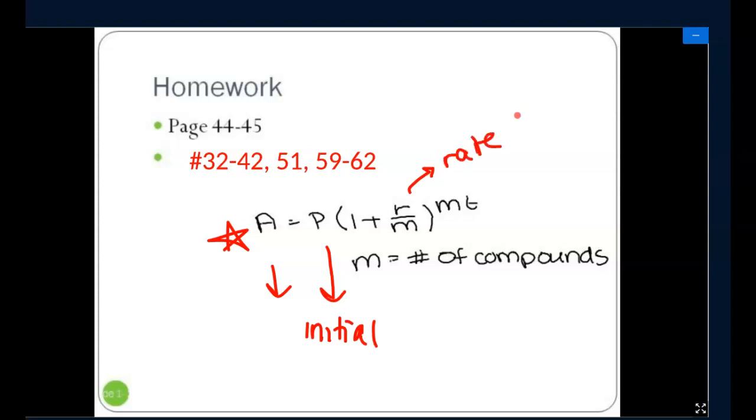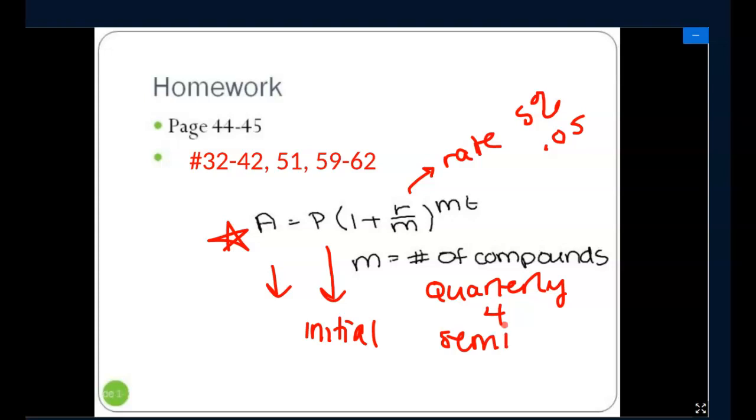So like if the rate was 5%, the R value you plug in is 0.05, and M is the number of compounds. So if something is quarterly, then that's 4. If it's semi, that's 2. Annually would be 1. Monthly would be 12, and so on.